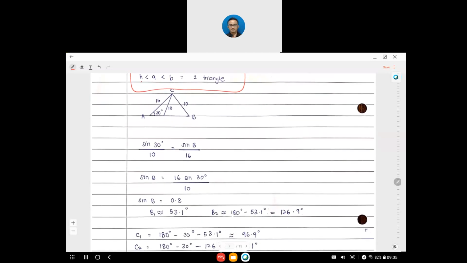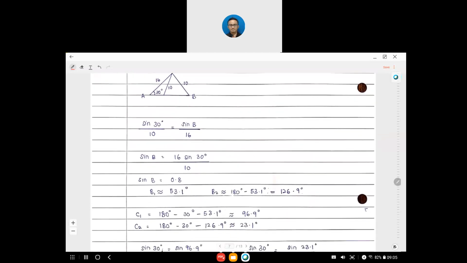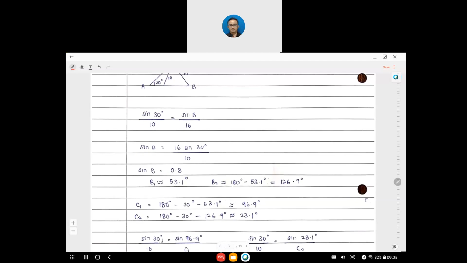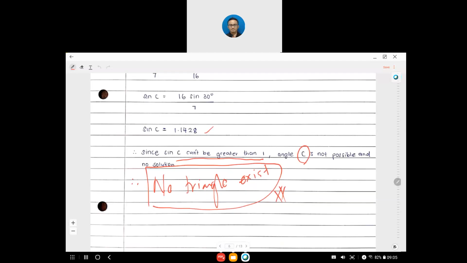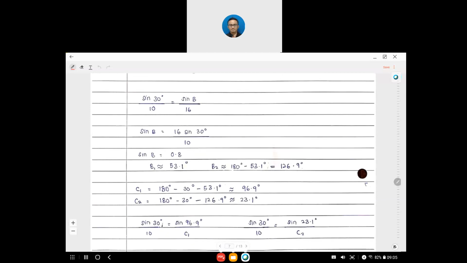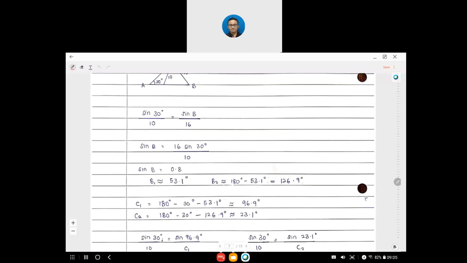Solve. So you can get the angle equal to, first you need to find the first one, sine 30 over 10, sine B over 16. So you can get 53.1. So of course you can find the other one, 126.9. And then you can find the value of C lah. C ni tak payah kira, yang ni pun tak apalah.